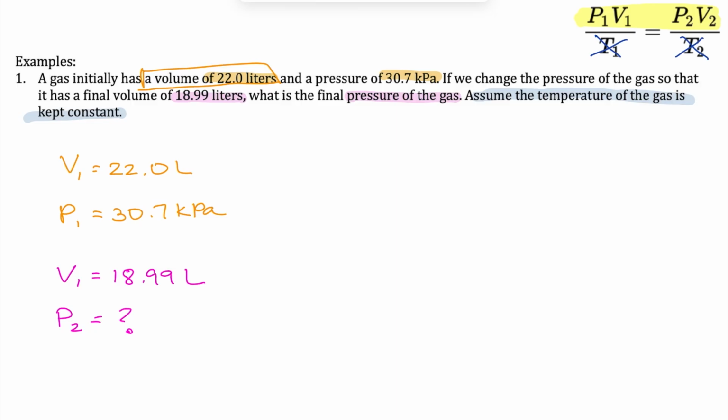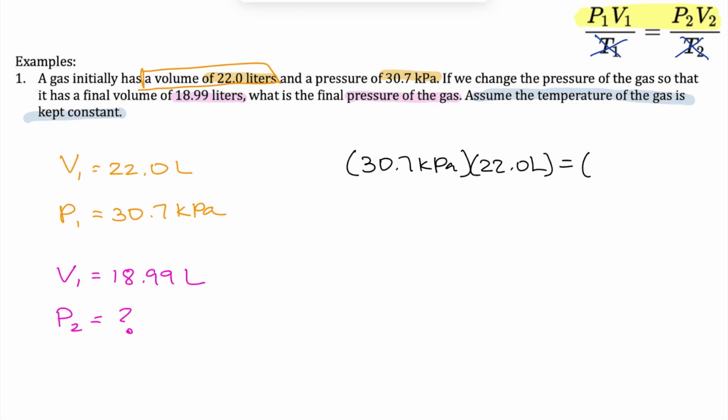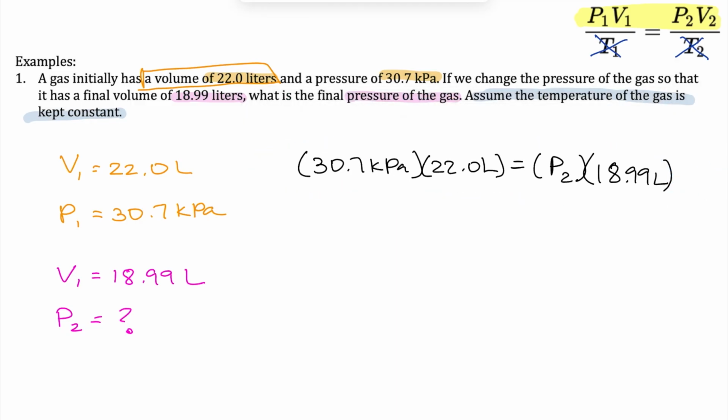We don't have to divide both sides by the same number, since temperature is going to stay constant, so the temperature would cancel. And so we're going to have our 30.7 kPa times 22.0 liters equals P2, what we're looking for, times that 18.99 liters. Plugging everything in, we can then solve.